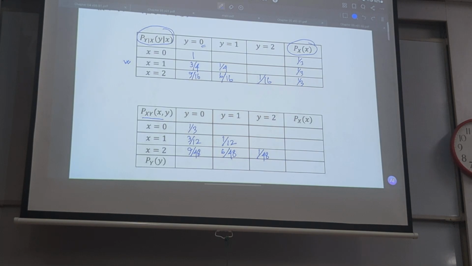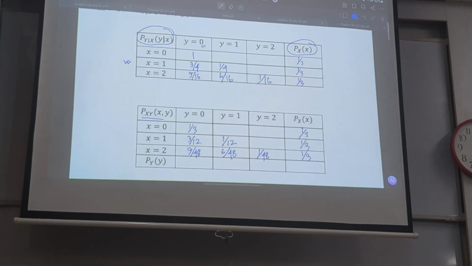Now, if you calculate the marginal PMF of x, you will find 3/12, 1/12, 4/12, and for this one 9/48, 6/48, 1/48, and 16/48. So, the joint PMF of x and y has been calculated.